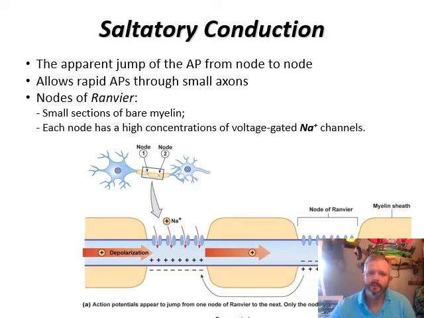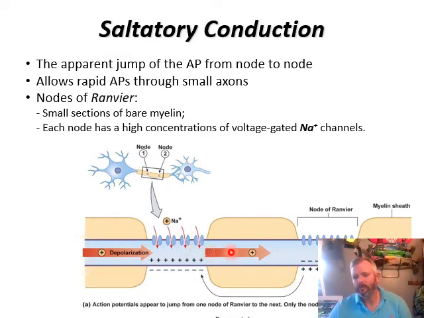So here's a look at that saltatory conduction. Okay. Here's our myelin. We've had depolarization take place down there. Because the myelin's here, we don't lose the current. It can move down here, and that makes it so there is enough depolarization when we reach the next node to open up these channels.